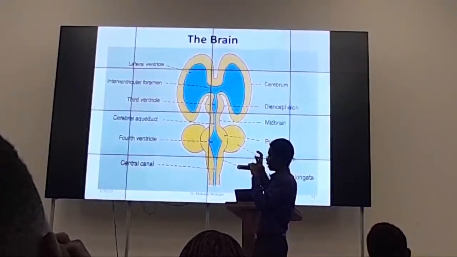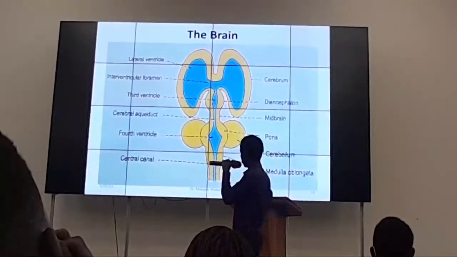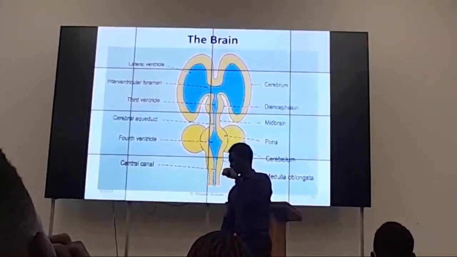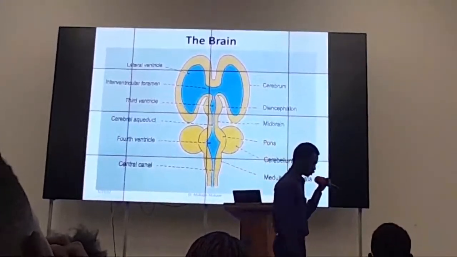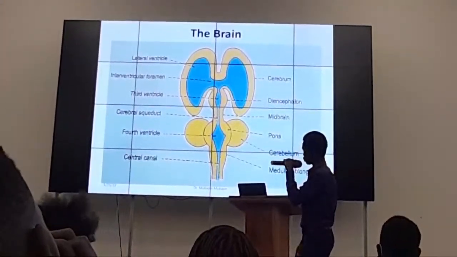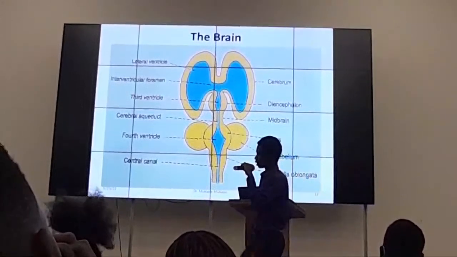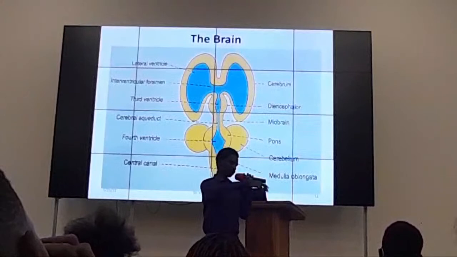Now, if it's like that in a child who is less than 18 months, because of this allowance of expansion of the brain, what do you think will happen to the pressures if you compare a child under the age of 18 months and someone whose fontanelles are closed?